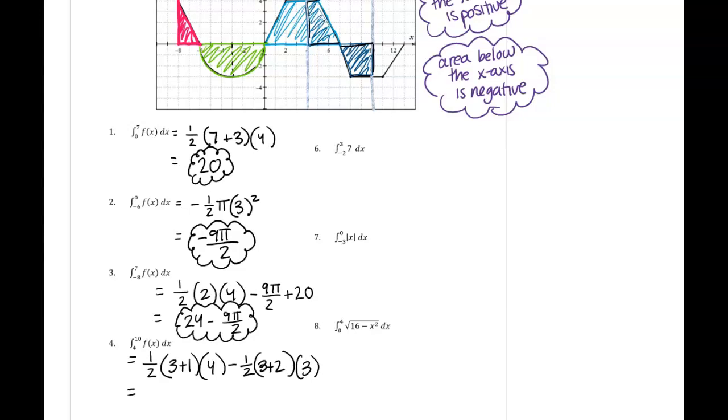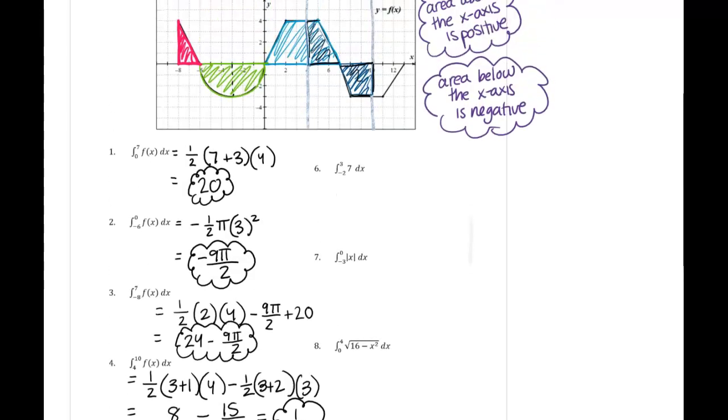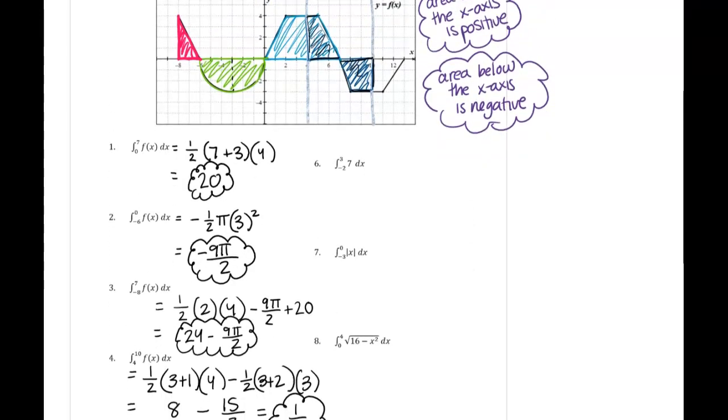So we end up with 8, that's this part, minus this part here, which is half of 15. So 8 minus 15 halves. So that's 16 halves minus 15 halves, which is 1/2. So you end up with a net positive area of 1/2 because this trapezoid is slightly larger than this one.